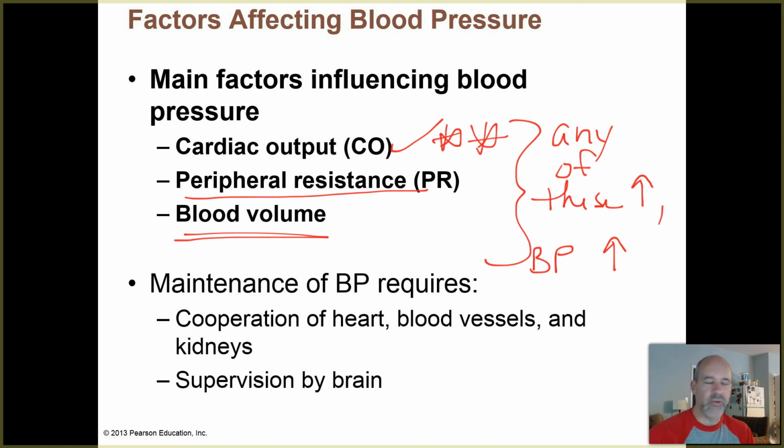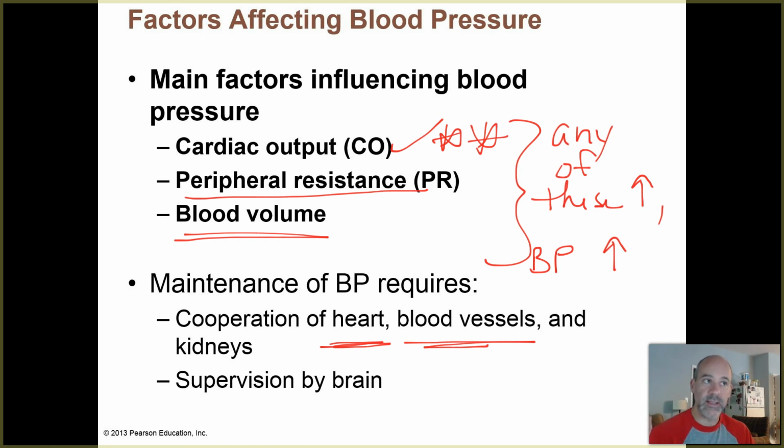Okay, controlling your blood pressure is a really critical part of homeostasis, and it involves the heart, because the heart is involved, of course, in cardiac output. It involves your blood vessels themselves, and whether or not they're constricting or dilating. Also, whether they're healthy. You build up fatty plaques within the walls of your blood vessels, and that's going to provide obstructions to blood flow as well.